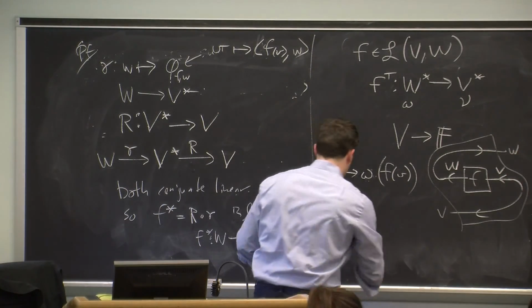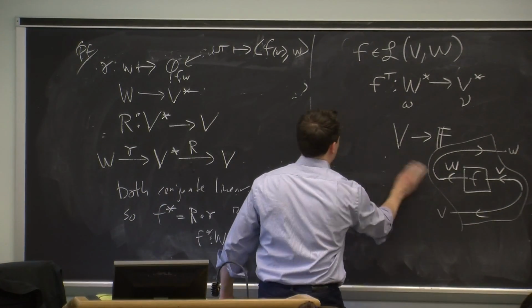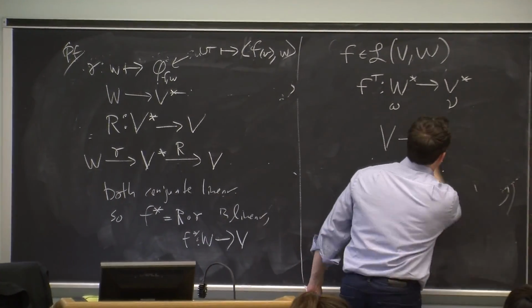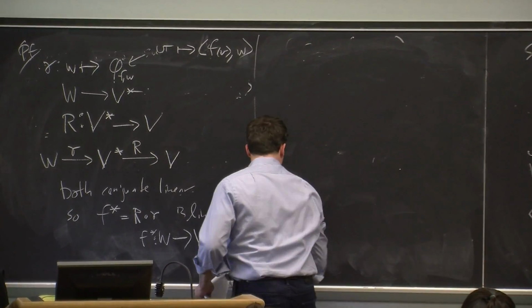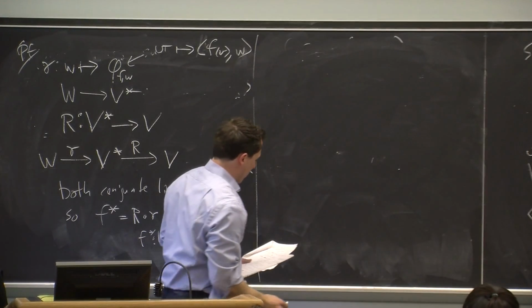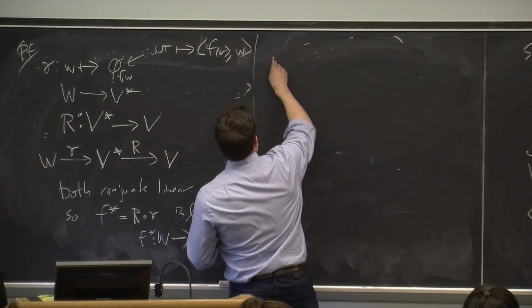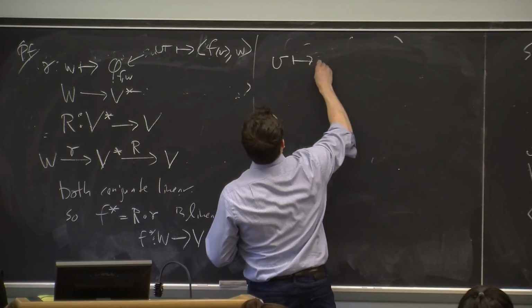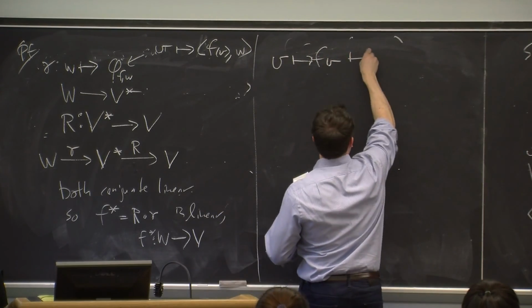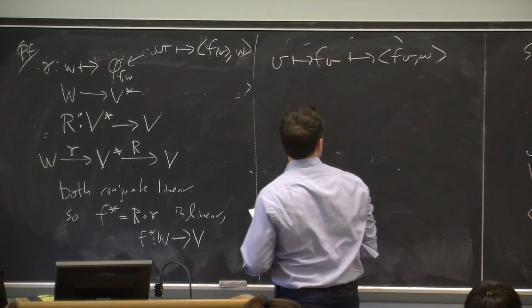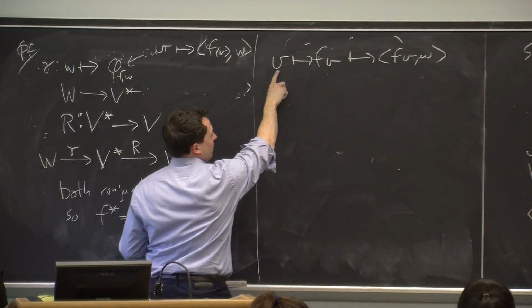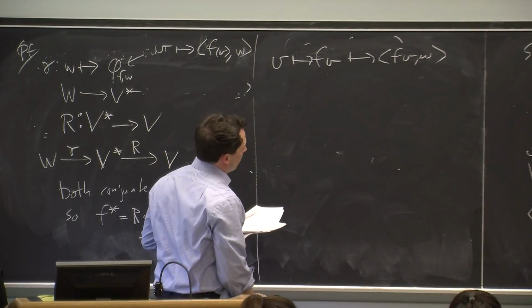Another way to say that, and then I'll stop and we can discuss things from the midterm a little bit, is the following. I have this map that takes V to F of V to the inner product of F of V with w. This is a linear functional because it's linear, it eats V, it spits out something in the field.